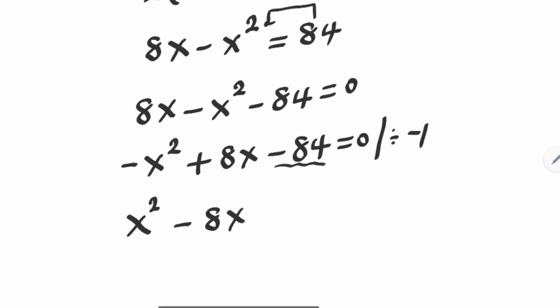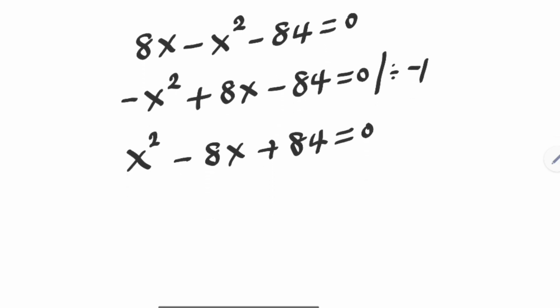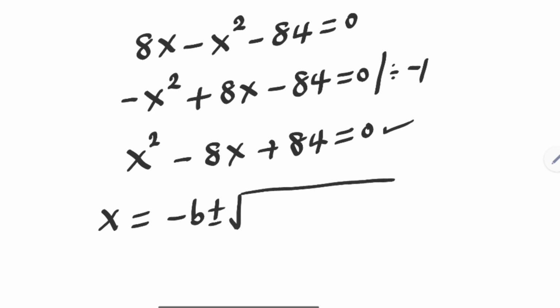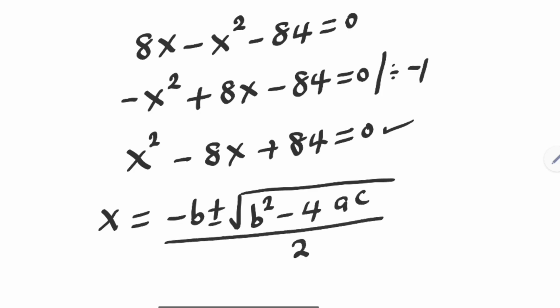Then negative 84 divided by negative 1 is positive 84 is equal to 0. This is a quadratic equation. Let us solve this using the quadratic formula. x is equal to negative b plus or minus square root of b squared minus 4ac, divided by 2a.